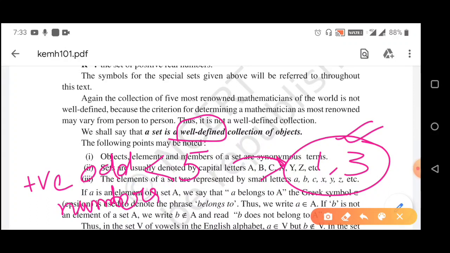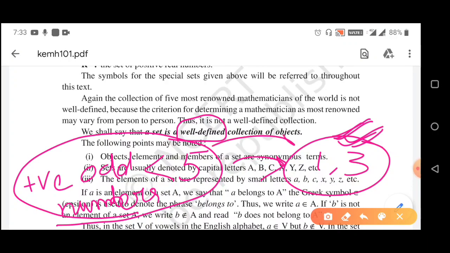If I ask student B, then also the answer will be 1 and 3. If I ask student C, then also the answer will be 1 and 3. So for everyone, the answer to this question will be the same. That means it will not vary person to person. The answer is always the same. So this is called well defined.